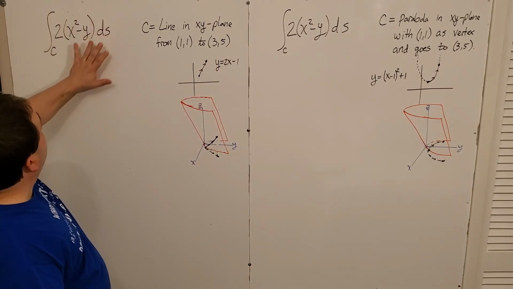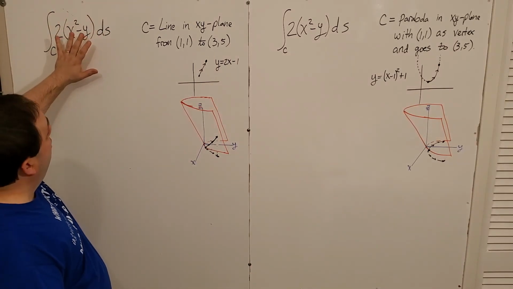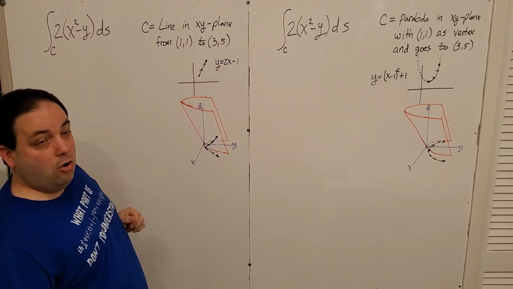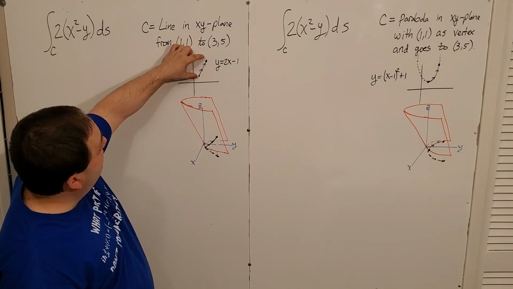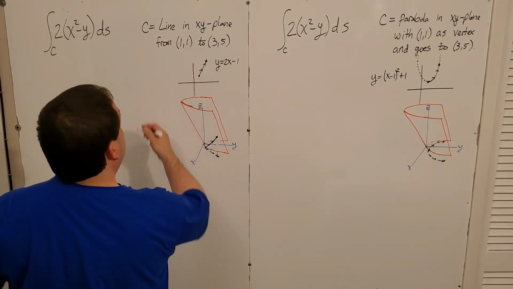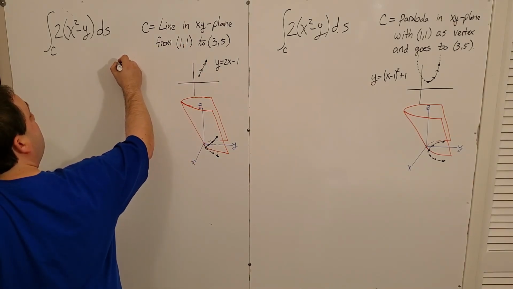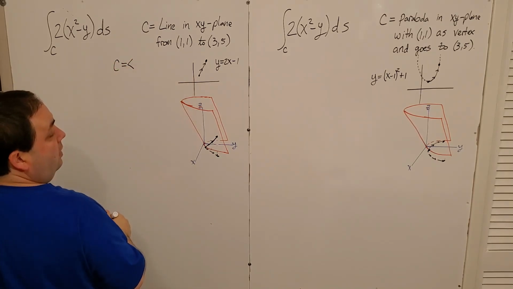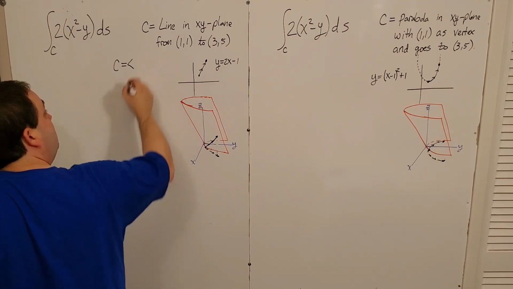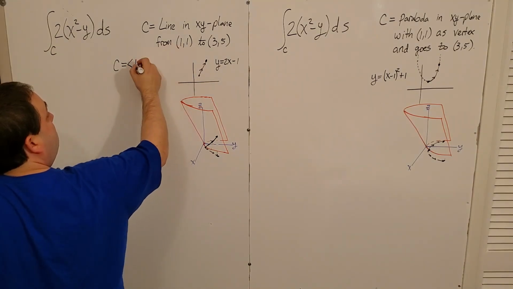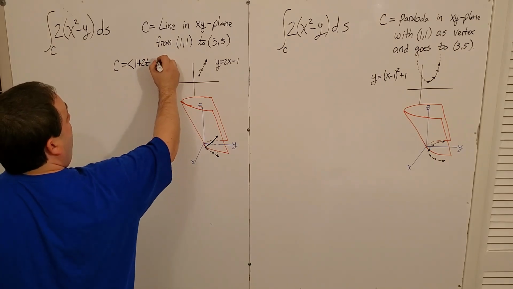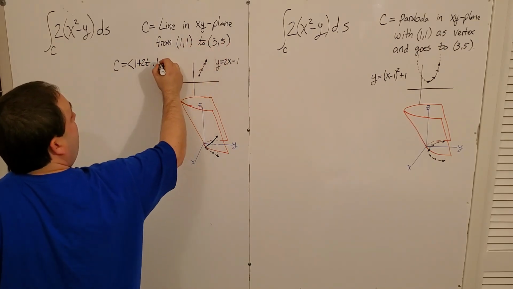I want to convert this into parametric form, which means I need some sort of parametric setup from my curve, right? So if it's a line just between those 2 points, it's easy enough to see that my curve just needs to be something with 2 linear relationships of t. x is starting at 1, and I'm going to add 2t, y is starting at 1, and I'm going to add 4t.